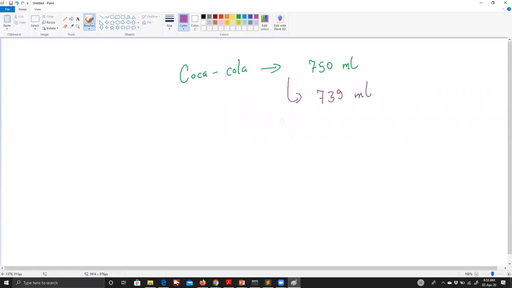So can I sue Coca-Cola for giving me less quantity? No. Okay, we'll come to that, don't worry. Because it advertises 750 ml, we are estimating that, because it's a process, the mu of the population is 750 ml, okay? Because that's what they have written, right?